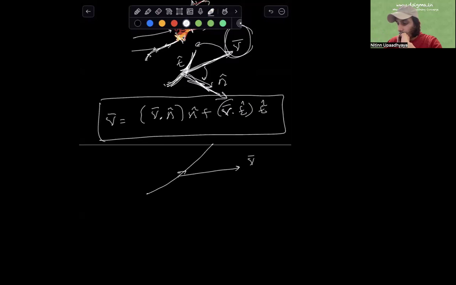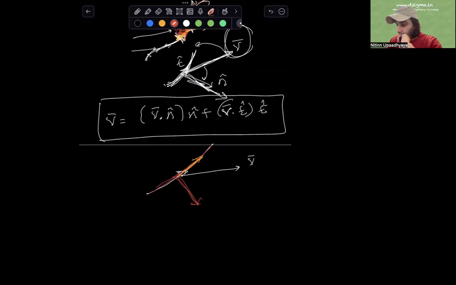you can take one of its projections along the tangent, which will be this, another projection along the normal. So if this were, let's say, a fluid, and you ask yourself the question, will there be any fluid which will flow away from this path if I take its projection along the tangent to the curve?